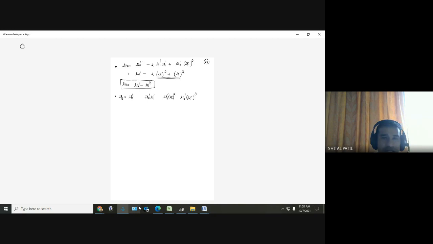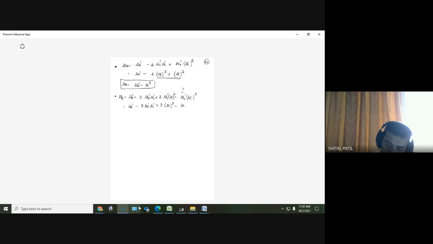Second step. Third step, alternate plus minus sign. Plus, minus, plus, minus. Coefficients are decided by Pascal's triangle. See the Pascal's triangle. 1 3 3 1. Now simplify this. Mu3 dash minus 3 mu2 dash mu1 dash plus 3 mu1 dash cube minus mu1 dash cube.